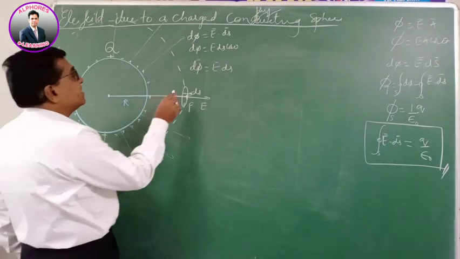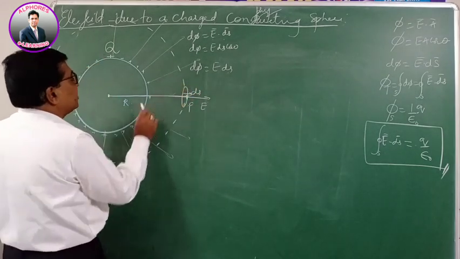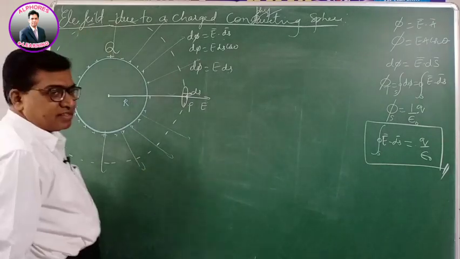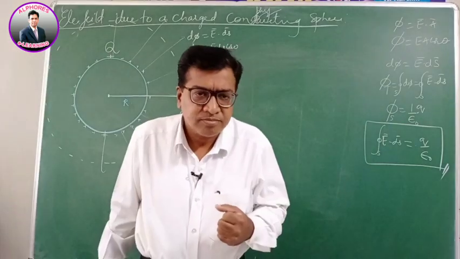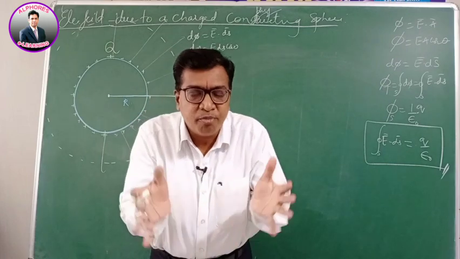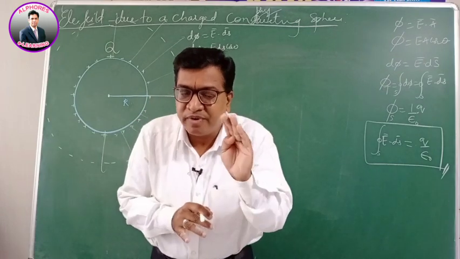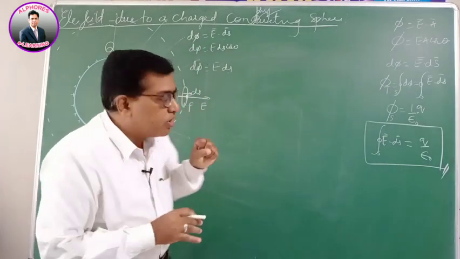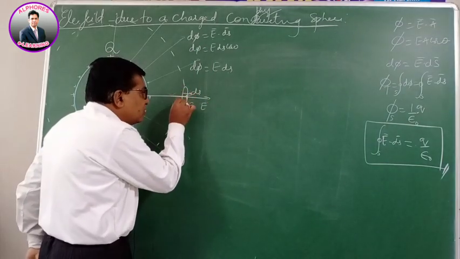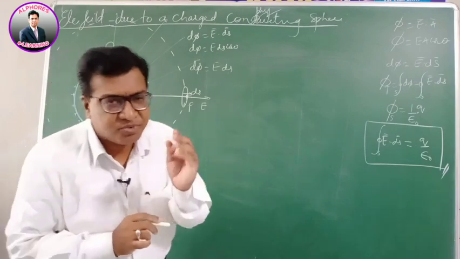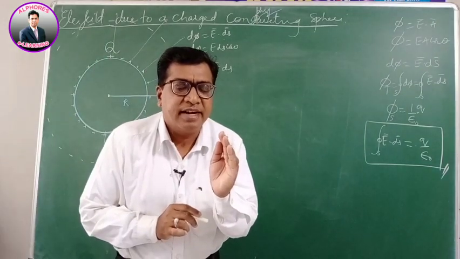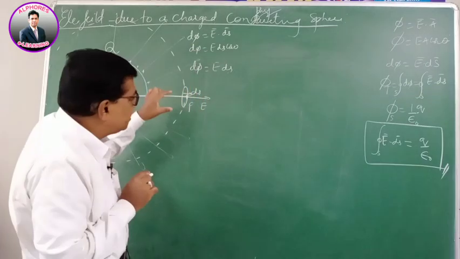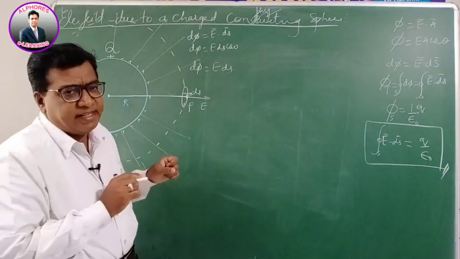If I consider all such area elements on the Gaussian surface, let me give an example. Take a football. On a football you find black and white patches. The area element we consider is equivalent to one such patch.